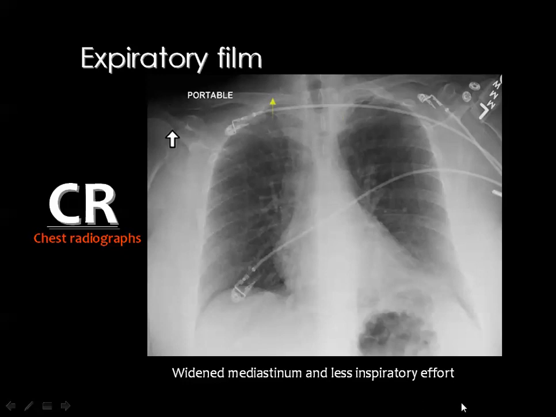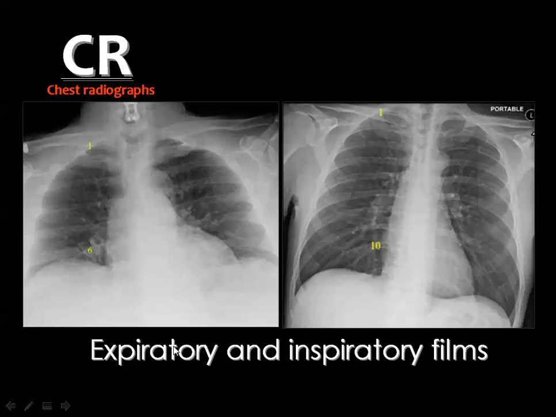This is an example of an expiratory film where the diaphragm is not descending down to the 10th rib posteriorly, and this will result in flattening of the cardiac shadow and some broadening of the mediastinal borders. And this is another example to compare between the expiratory and the inspiratory film.